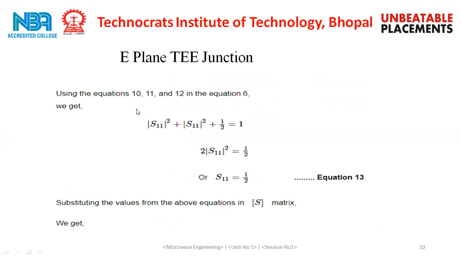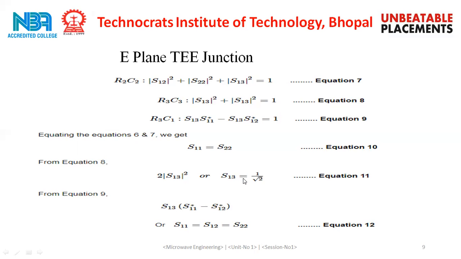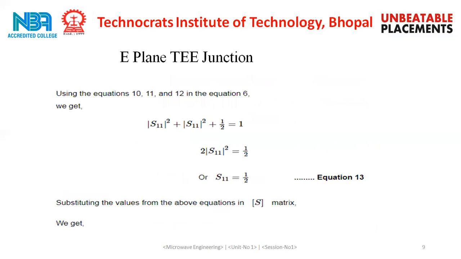By using this equation, we can write S11 is equal to 1 by 2. Since S11 is equal to 1 by 2, definitely S12 is equal to 1 by 2, and S22 will also be equal to 1 by 2. S13 is equal to 1 by root 2.